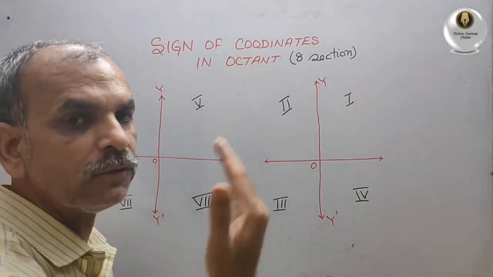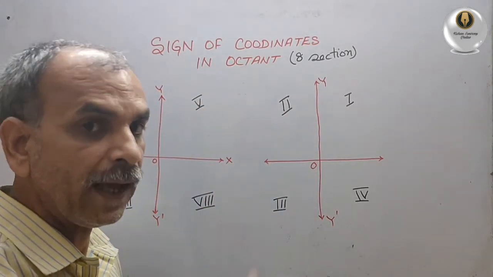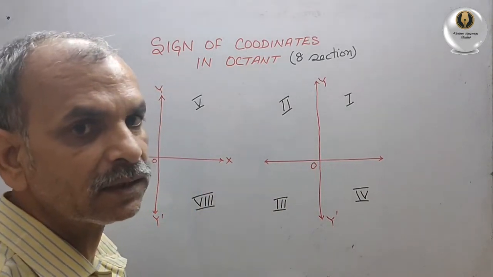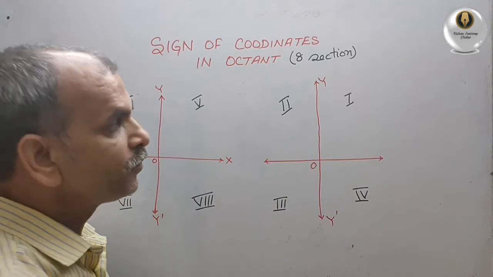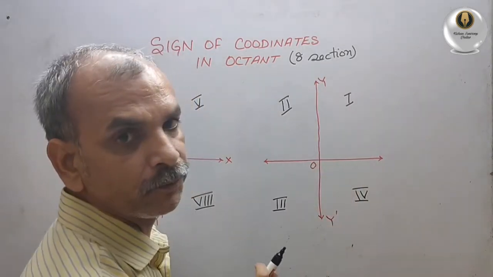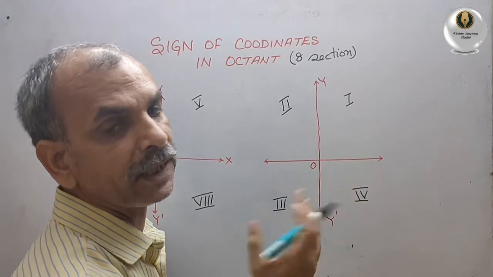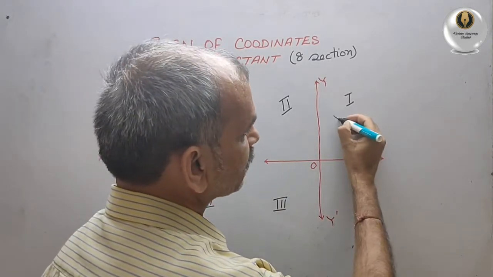Now, they have given you sign. Sign means positive or negative. As we have already learnt in our 8th, 9th and 10th class, in our first quadrant, what are the signs for x and y?